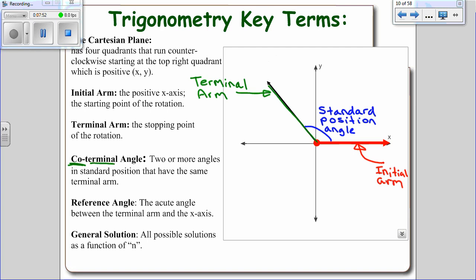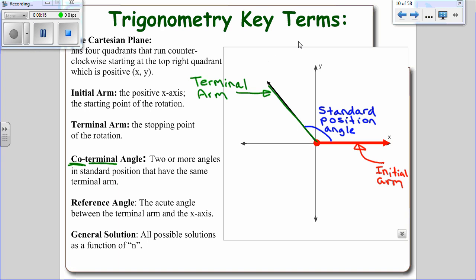So this angle right here looks like, if we were to guess, maybe 100, right? 90 would be straight up, a little bit further, so maybe 100. Technically, we don't know how many times that terminal arm did a 360 before it got there. So you could imagine that this angle did something like this.